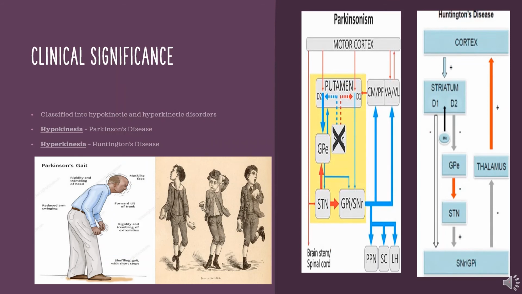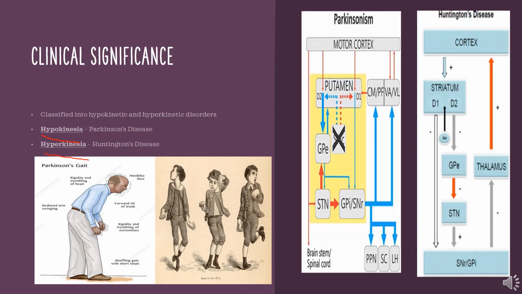Basal ganglia is of great clinical significance, and any kind of damage involving the basal ganglia can result in severe movement disorders. These disorders are classified into hypokinetic and hyperkinetic disorders.